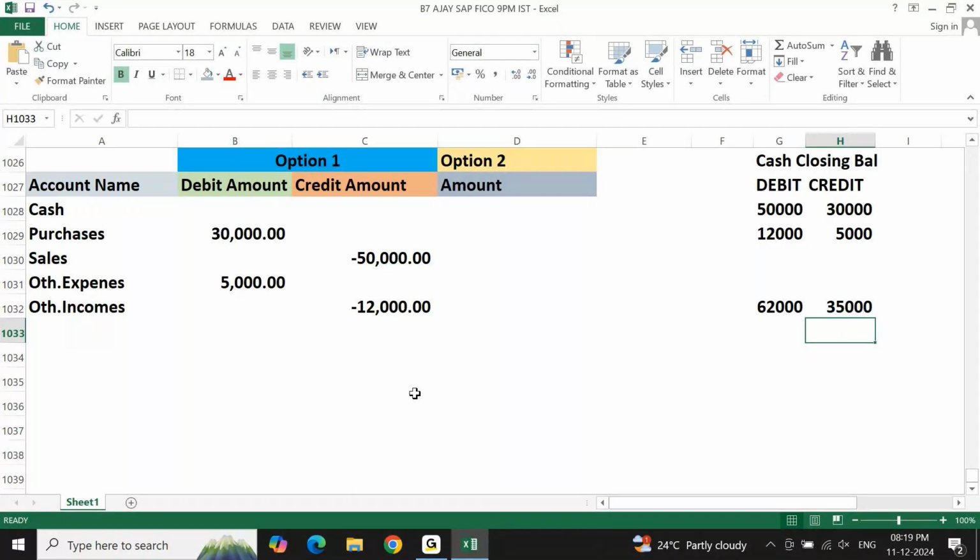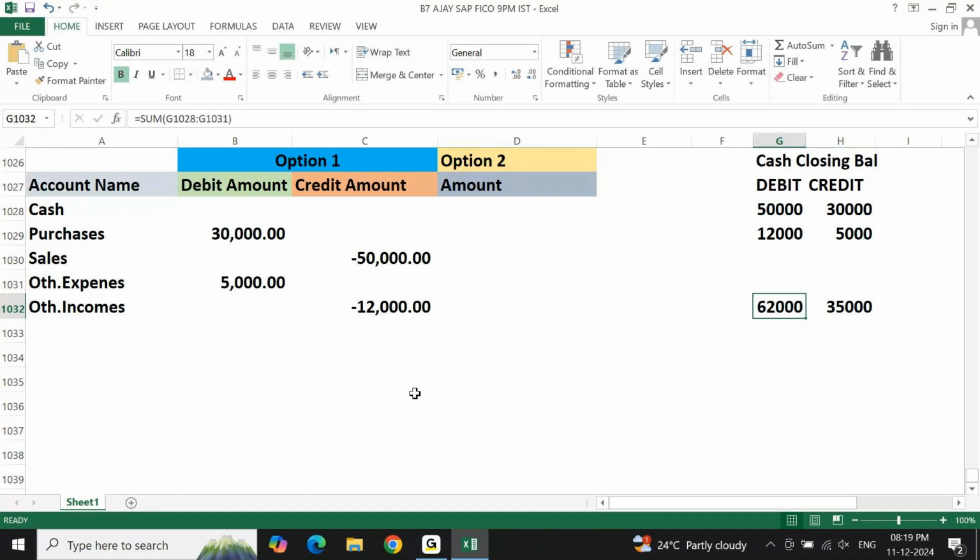Debit is the highest value. If the debit side is more, the account shows a debit balance. If the credit side is more, the account shows a credit balance. In this example, does the cash account have the debit side more or the credit side more? Debit side is more. Whatever the amount is more, it is called a debit balance.